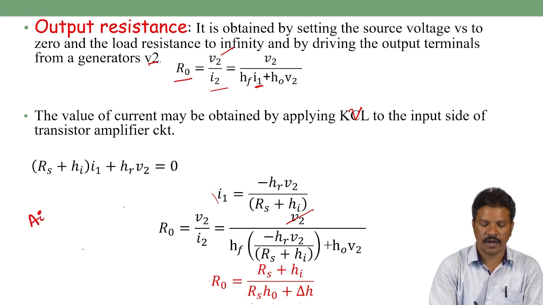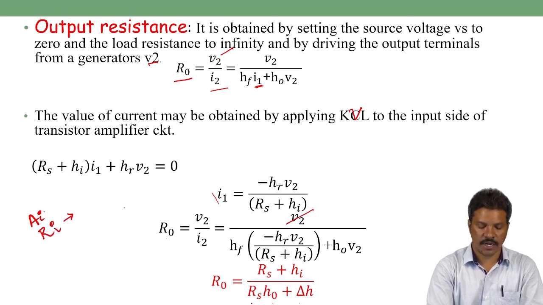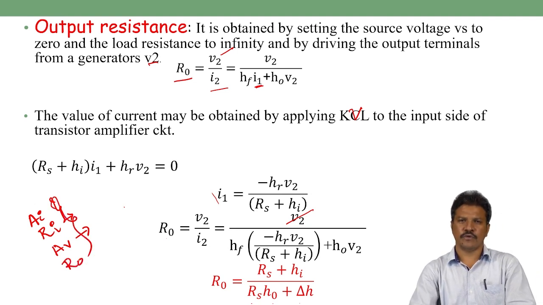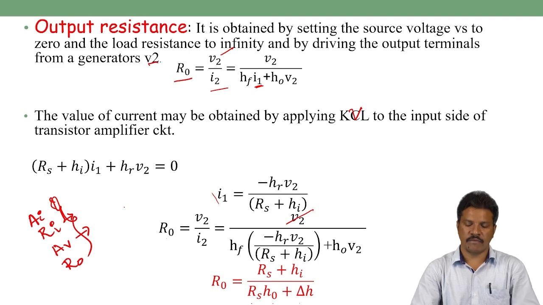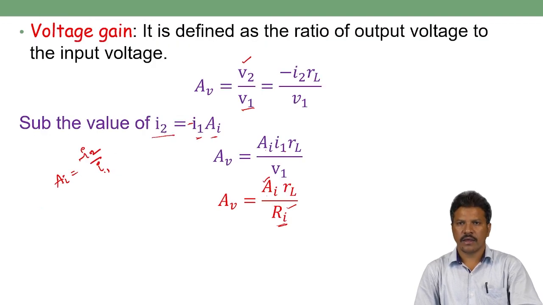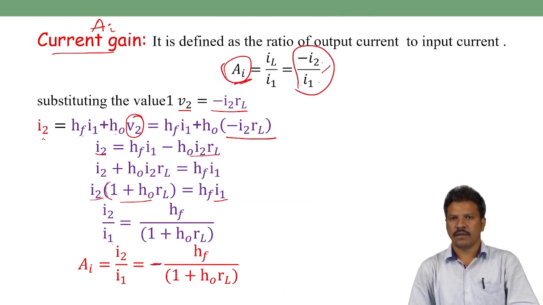Once we calculate current gain, we can calculate input impedance in terms of current gain, then voltage gain in terms of these two, and then output resistance R0. So these four parameters are helpful in analyzing the particular amplifier. These are the formulas: R0, AV, Ri, and AI.